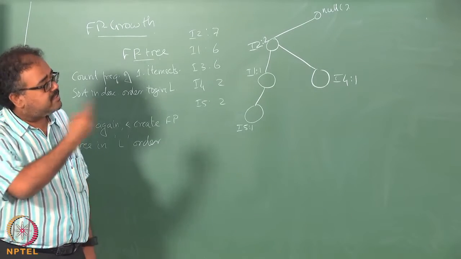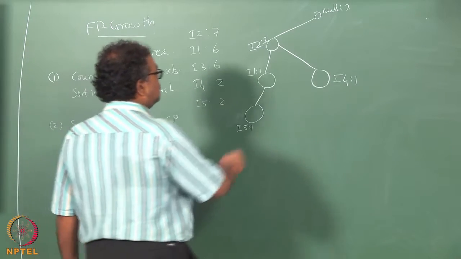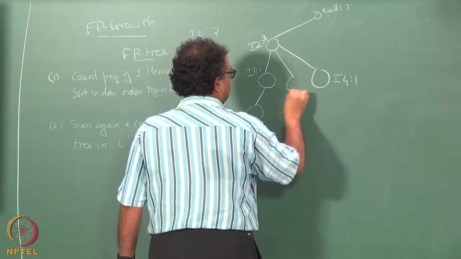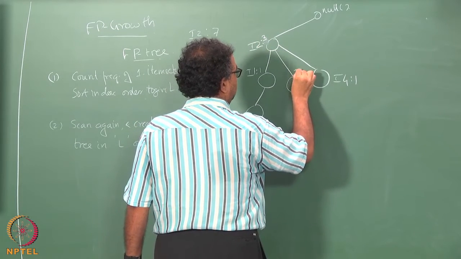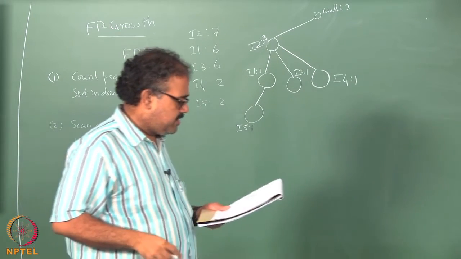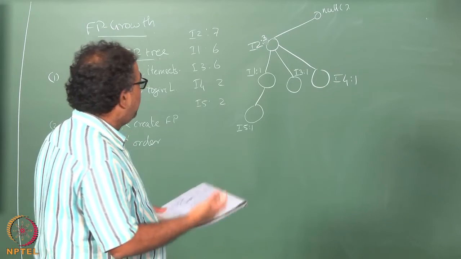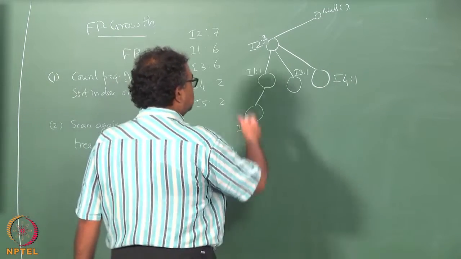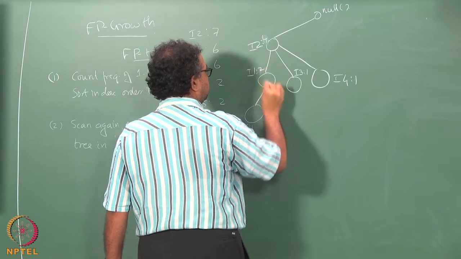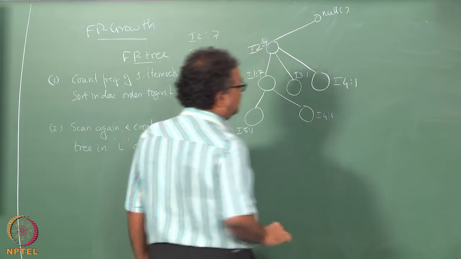What is the next transaction? I2, okay, anything else? Of course a lot more, I2, I1, so I2 becomes 4, I1 becomes 2, I4 becomes 1.